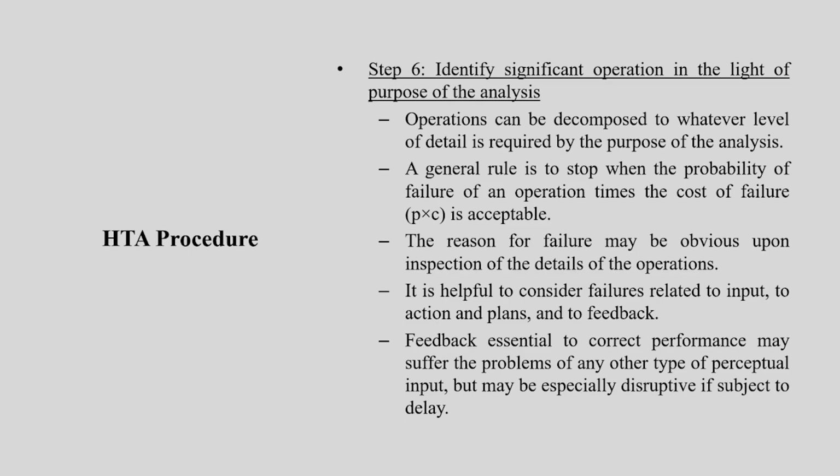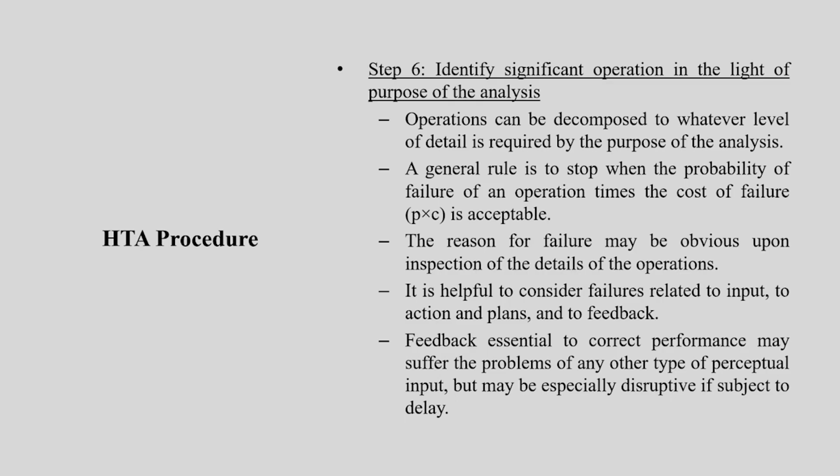The general rule is to stop when the probability of failure of an operation times the cost of failure is acceptable. Okay. So, probability and the cost of failure. If it is at the level of acceptance, you do it at that level only. After that, if it is not acceptable, you do not go further.